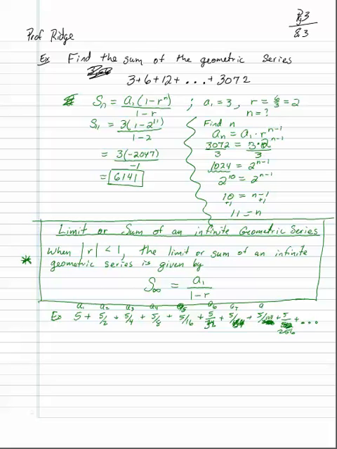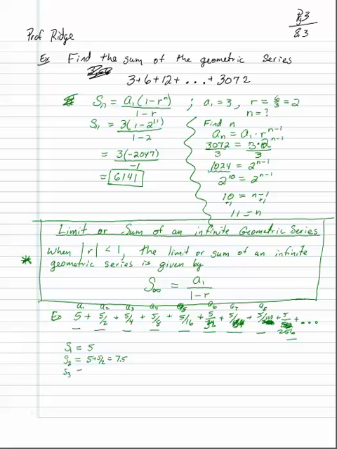So we've got 5, 5 halves, 5 fourths, 5 eighths, 5 sixteenths, 5 32nds, 5 64ths, 5 over 128, and 5 over 256, and so on. If I wanted to find S sub 1, the sum of the first one term, that'd be 5. I'm going to show you this concept of a limit. S sub 2 would be 5 plus 5 halves, which is 7.5.